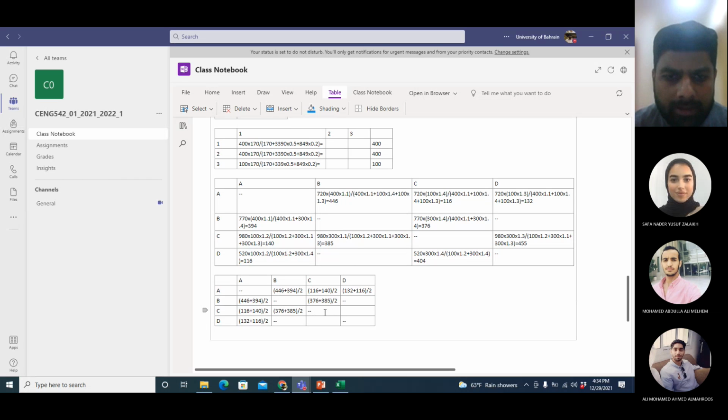Then the only one remaining is C to D. C to D is 455 plus D to C is 404 divided by 2, and same value here as well.